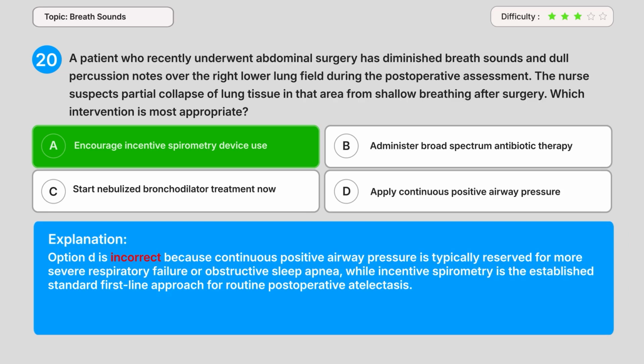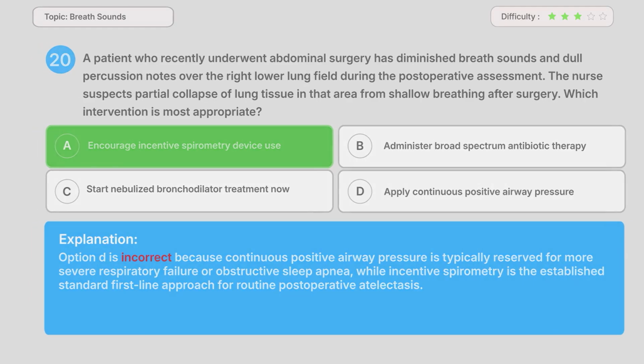Option D is incorrect because continuous positive airway pressure is typically reserved for more severe respiratory failure or obstructive sleep apnea, while incentive spirometry is the established standard first-line approach for routine post-operative atelectasis.